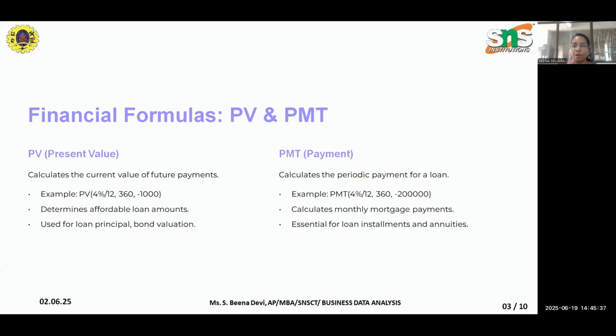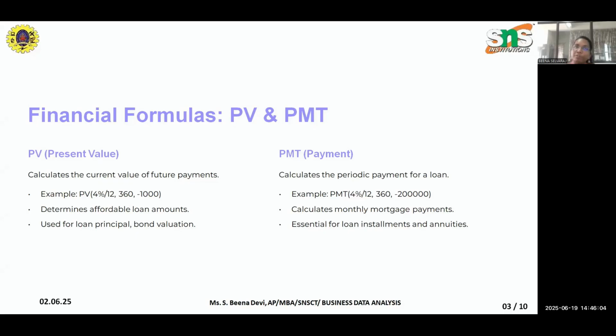For that, we go for the PV formula and the PMT formula. In the PV formula you need to give the rate per annum. If the rate of interest is 4%, since we are calculating per annum, we need to use 4% divided by 12. Then you give the NPER, the number of months or years.